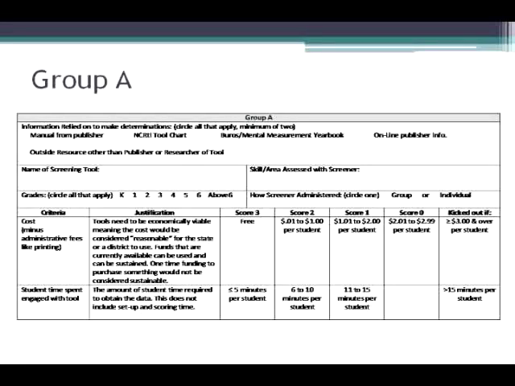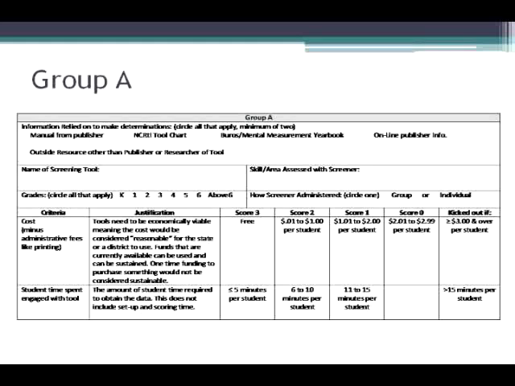They could use a manual from the publisher, the NCRTI tool chart, a mental measurement yearbook, Burroughs Institute, any online publisher information, or external information from somewhere, published review, published studies. An important component to examine here is that it requires a minimum of 2.